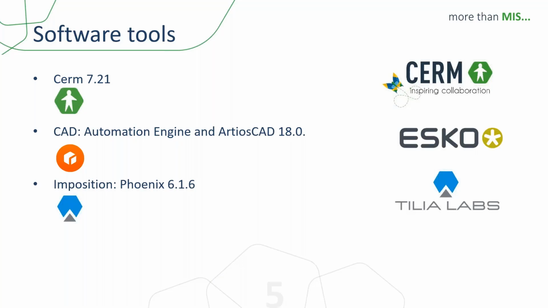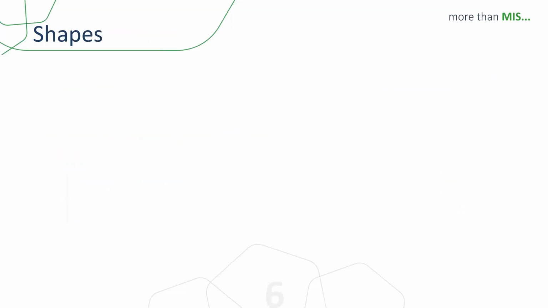And the third tool we will be using is the imposition tool from Telia Labs called Phoenix. The version we have in this demo is version 6.1.6. So it is important to show the interaction between these applications that will help us in calculating imposition and jobs for packaging.